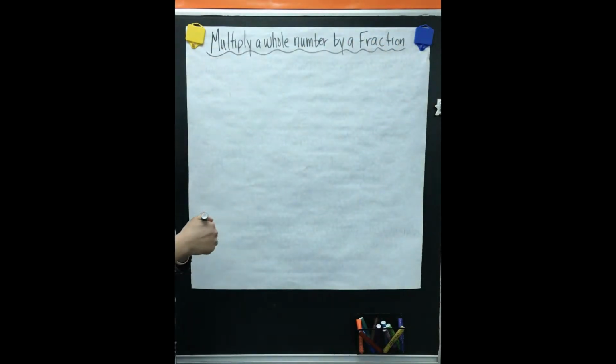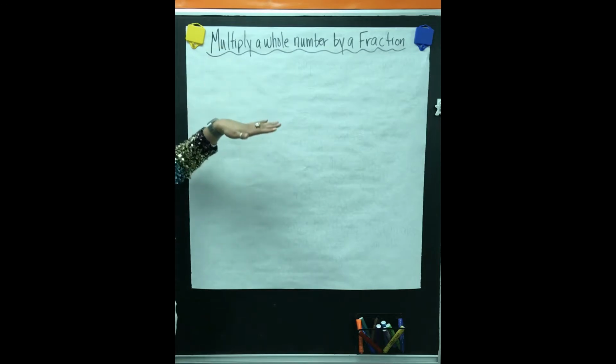This is a lot simpler than adding and subtracting fractions, so this should be a lot easier because you don't have to change the denominator and all of that stuff. But you do have to really know your multiples and your factors in order to be successful in this. So we're going to talk about the 3 strategies that you can use to multiply a whole number by a fraction.